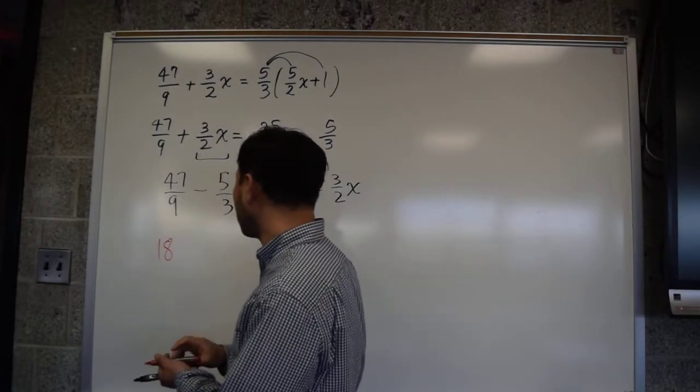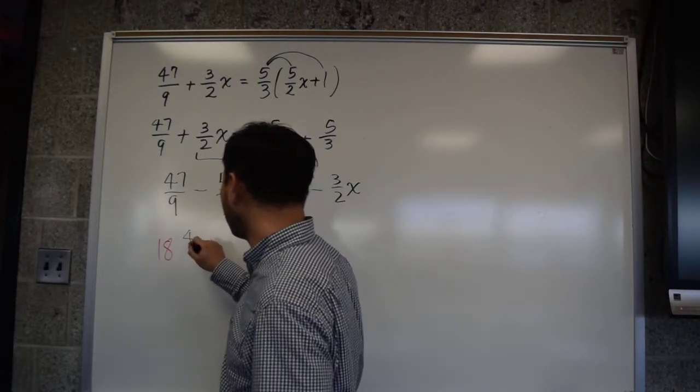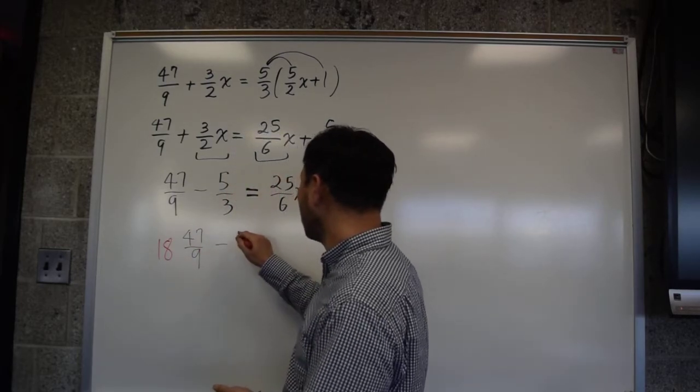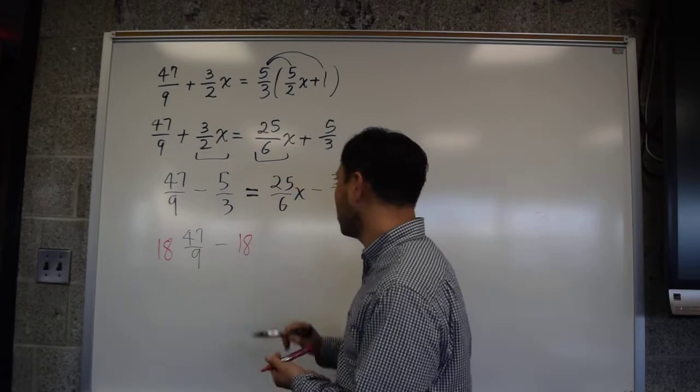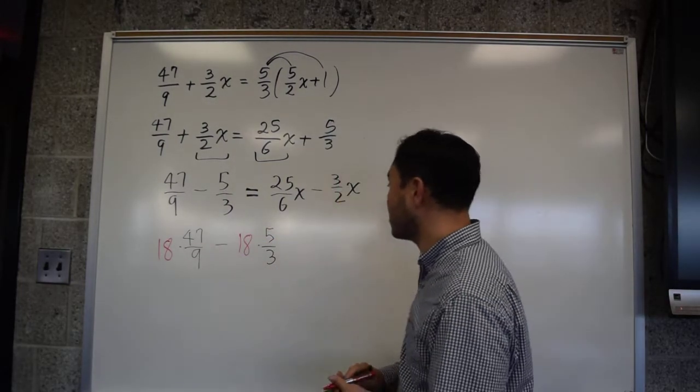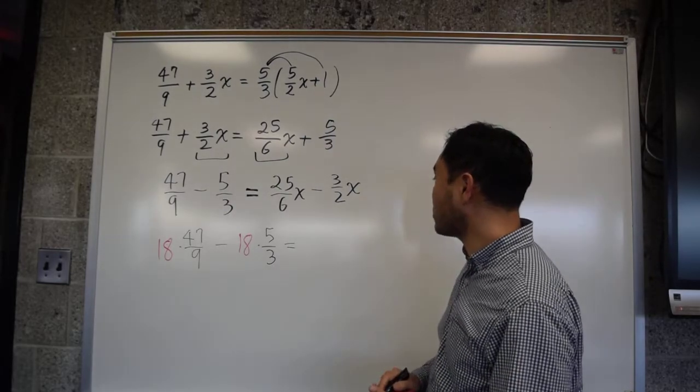So let me write down. 18 gets multiplied to 47 over 9 minus 18 times 5 over 3. And these are multiplications, it's not a mixed fraction.